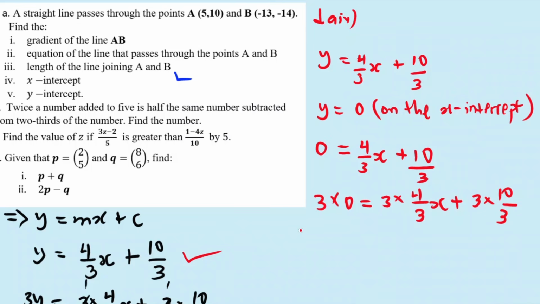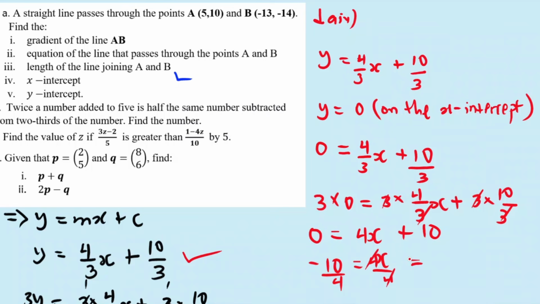So this is what I'm going to get. 3 times 0 is going to be 0, equal to this one. I'll just cancel this one. So we have 4x left. Now, plus 3 also cancels this 3. We have 10 left. So what do we do next? We just have to take this 10 to this side. So that's going to be negative 10 equal to 4x. I'll divide here by 4, and here by 4. So this 4 cancels this 4.